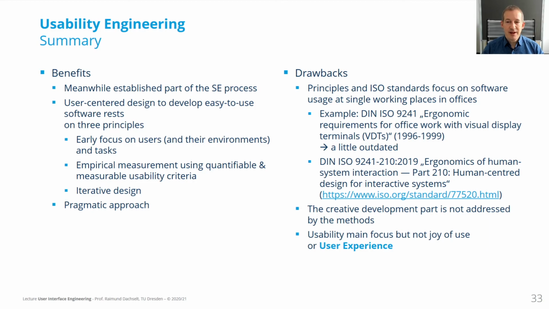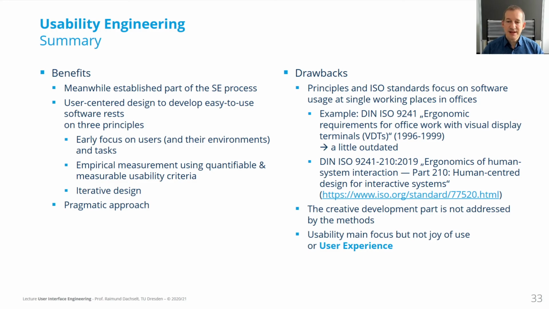So, for example, the DIN ISO 9241 says it's about ergonomic requirements for office work with visual display terminals, so Bildschirmarbeitsplätze. And this, of course, is a little bit old-fashioned, because we do not just have office work these days, and we do not have visual display terminals, so it's a bit outdated.